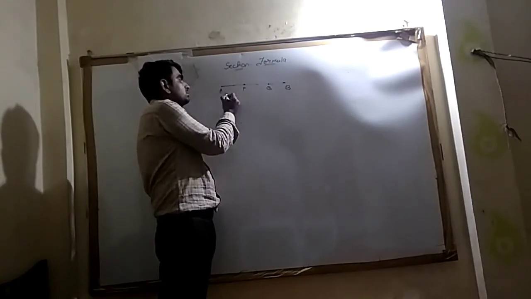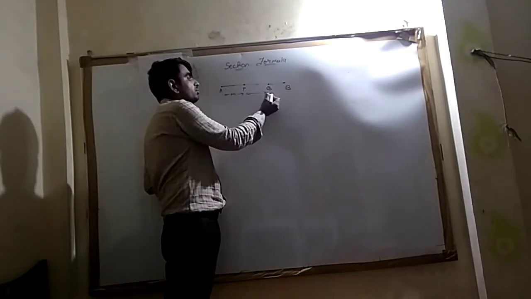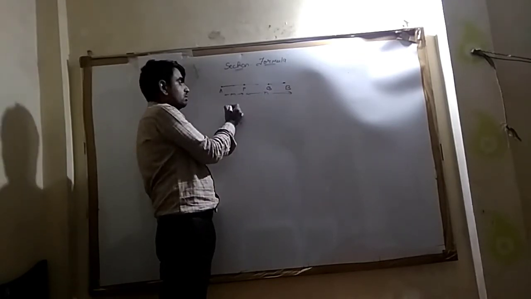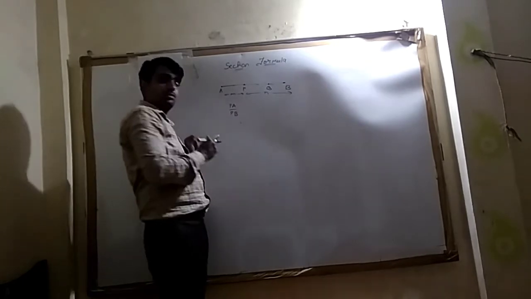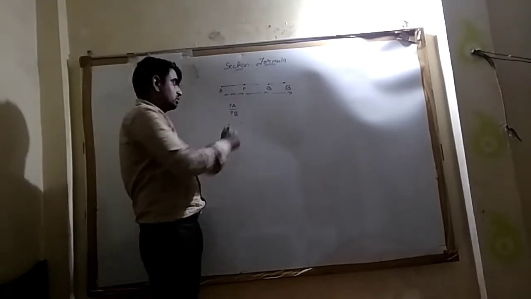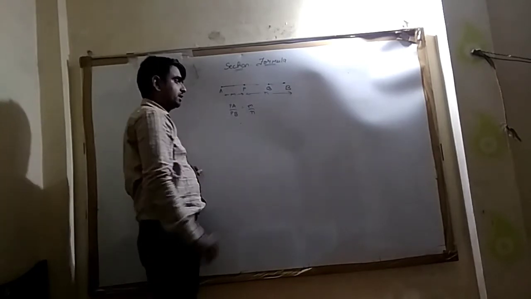Okay, so there might be some ratio PA by PB. There will be some ratio. I have assumed that ratio to be m by n.